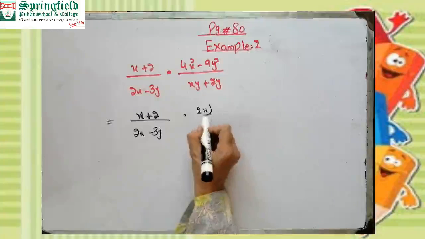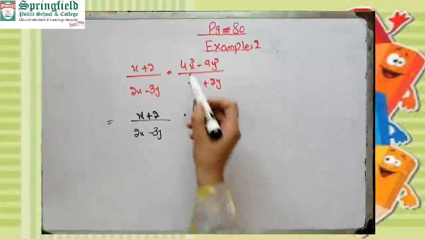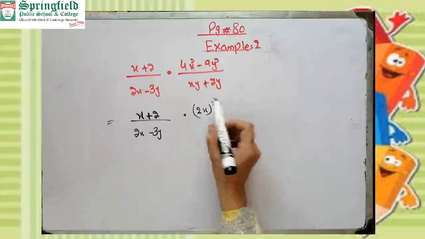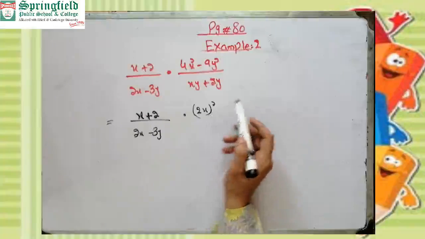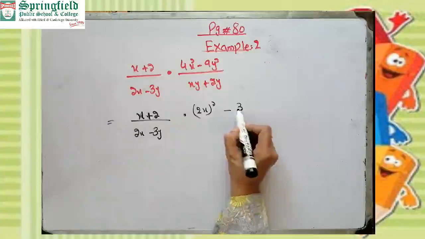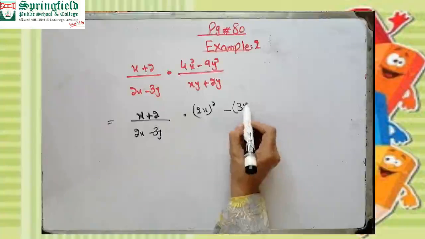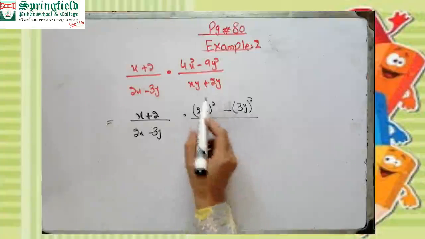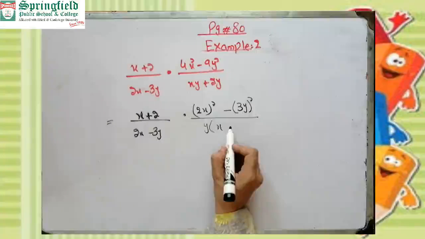It means 2x whole square, because x also has a square, so it can be written as (2x) whole square. Both the variable and coefficient have the square, so we write the square after the bracket. So 9 is the square of 3, so it can be written as (3y) whole square. And we can take common y from here, so y into (x plus 2).